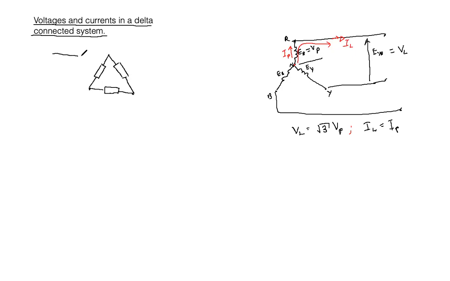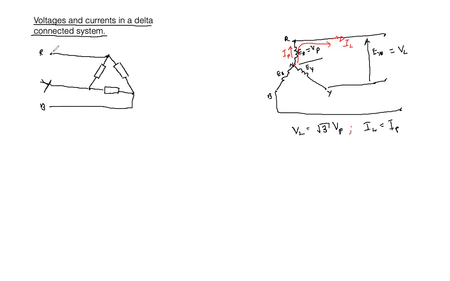So this is our line, this is point R. Let me just label it here, point R there, and this one I label point Y. This one becomes B, RYB.